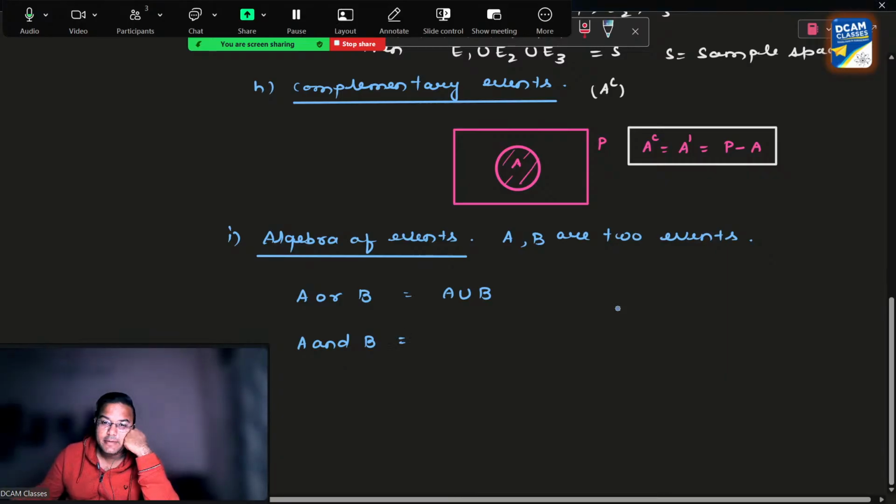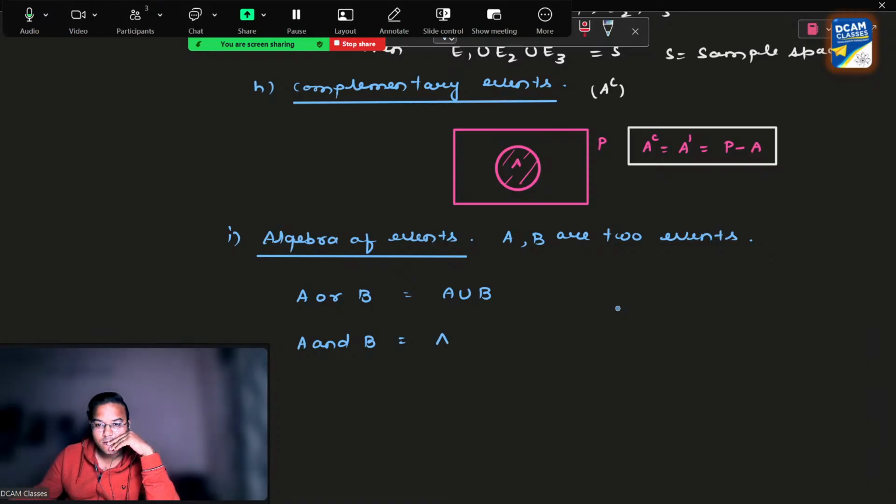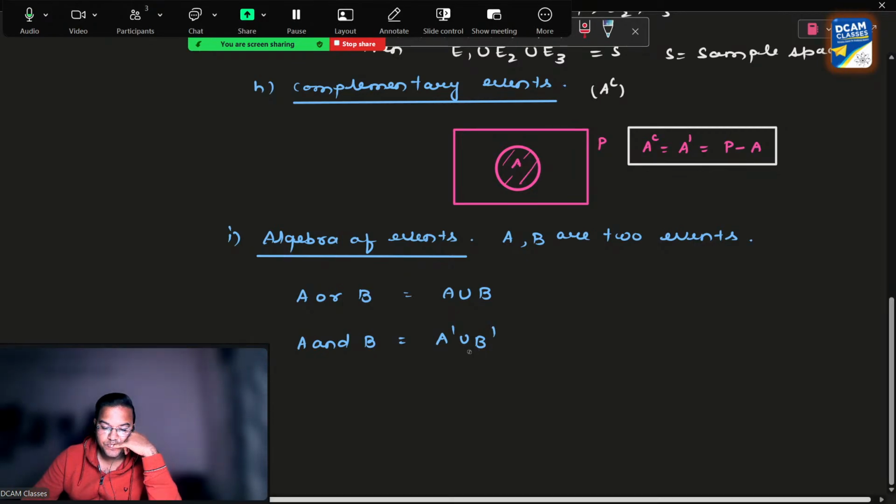Actually, A and B contains the common intersection.